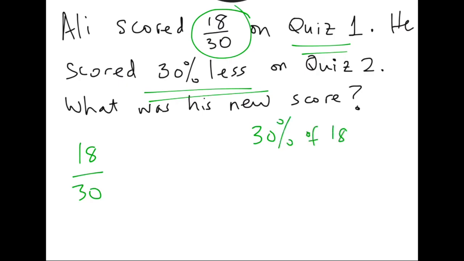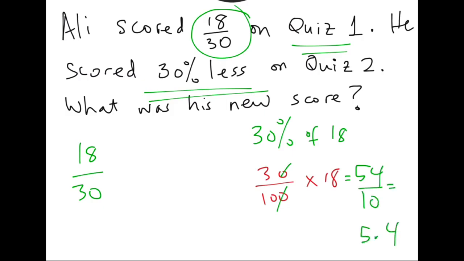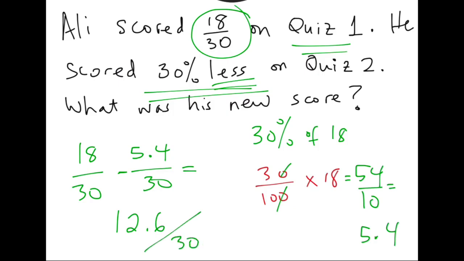So we have to do the math. 5.4. So he scored 5.4 less than the previous. That means I have to subtract 5.4 over 30, and that will get me 12.6 out of 30. So this is his grade for quiz 2.